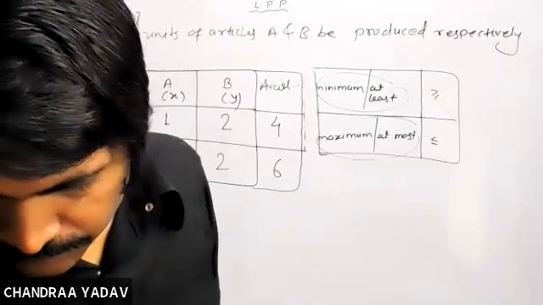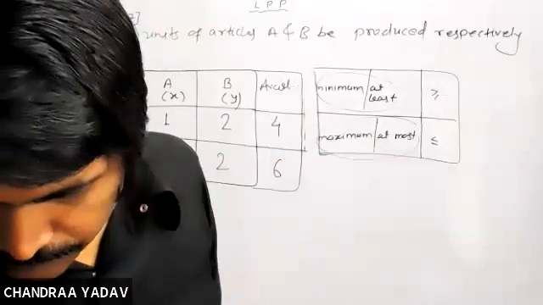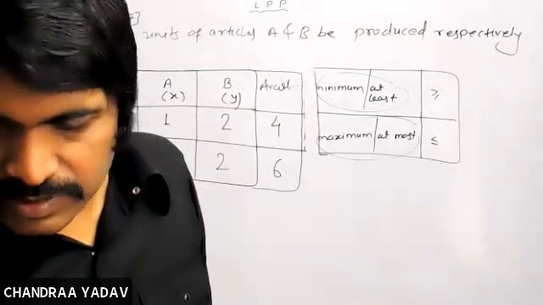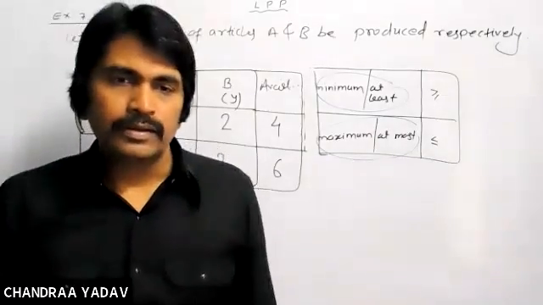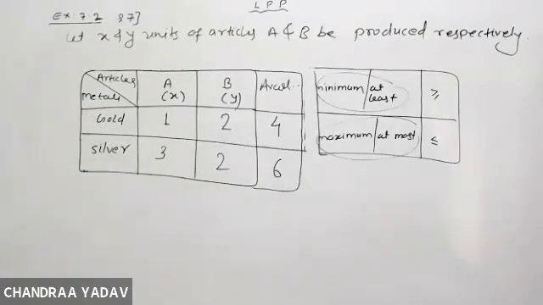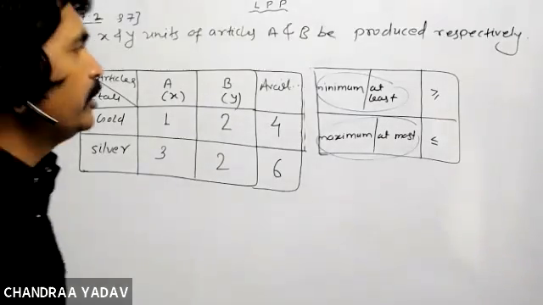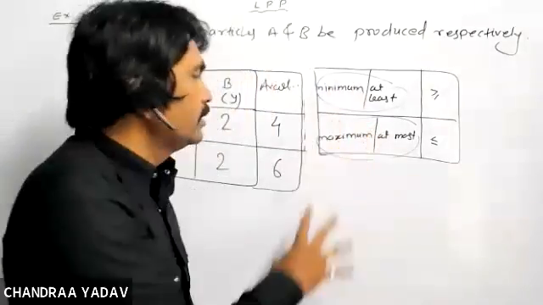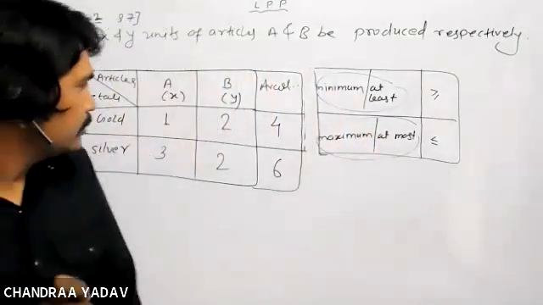Company has 6 gram silver and 4 gram gold. What does it mean? What is the meaning of this? Which term is applicable here? Maximum or minimum? Minimum.